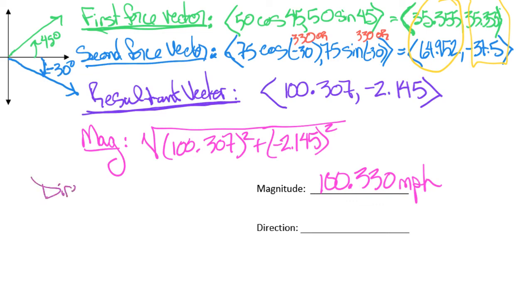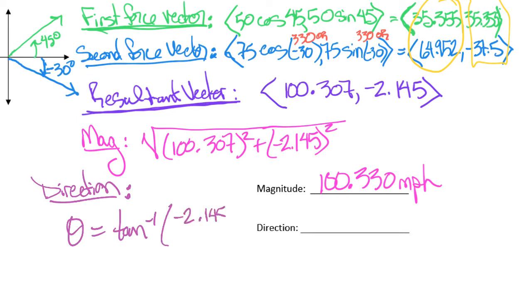Direction. Theta is going to be found by taking our tangent inverse of the y over the x, negative 2.145 over 100.307. Crunching that out, you're going to end up with a negative angle measure of 1.225.